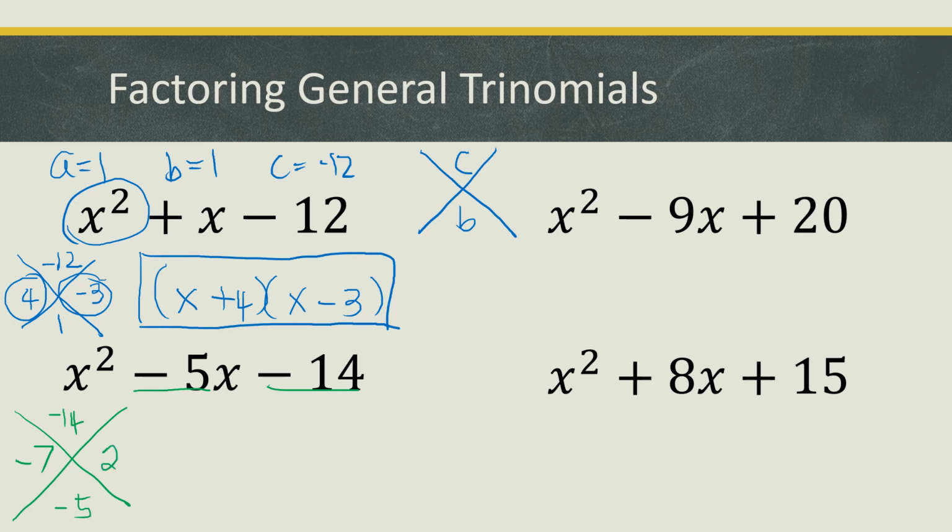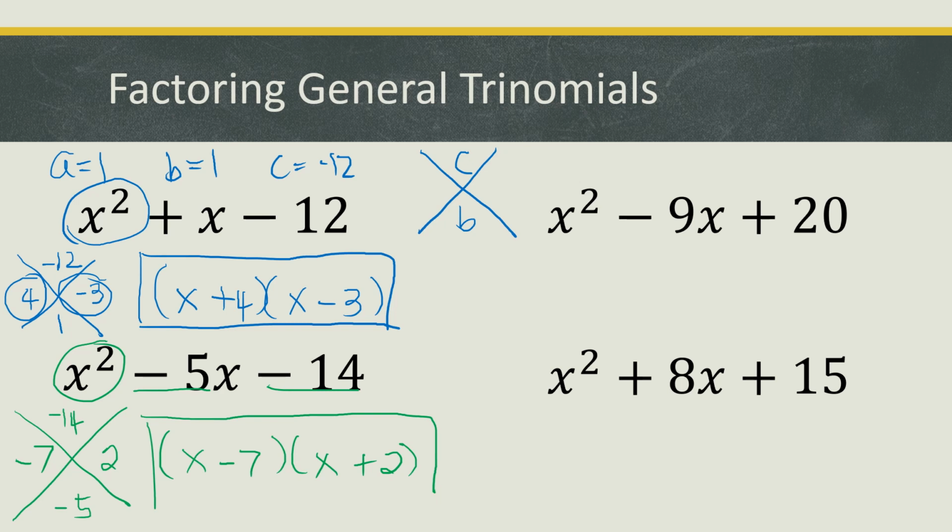So with this, we can now have our two factors. Factor first the first term of the given trinomial, x times x. And then we can now write negative 7 and then positive 2. So the two factors are x minus 7 and then x plus 2.